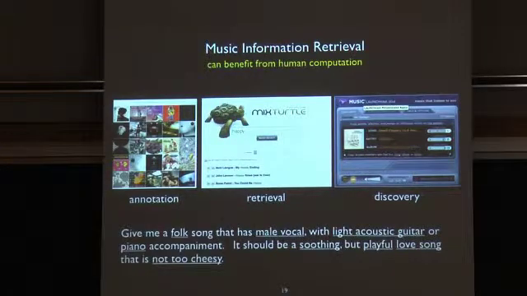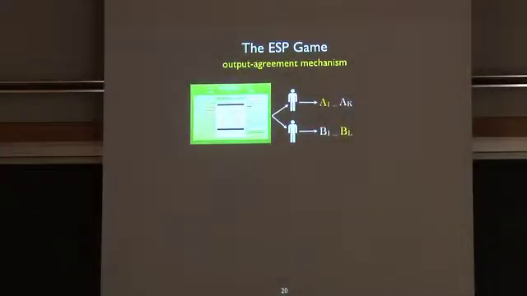You can imagine it would be great if we can just put this type of query into a search engine and get back something that's completely relevant to us, like a folk song that's soothing, playful, and not too cheesy. Could be really useful for a date, but if you put something like that in today, it won't work. So how do we collect these attributes?